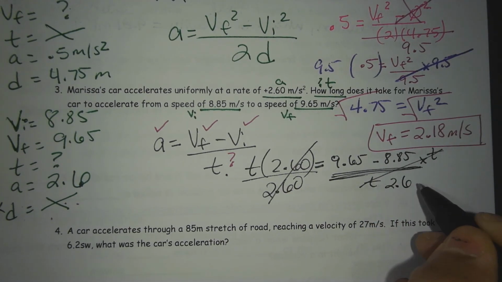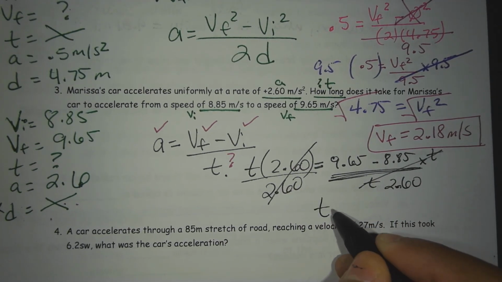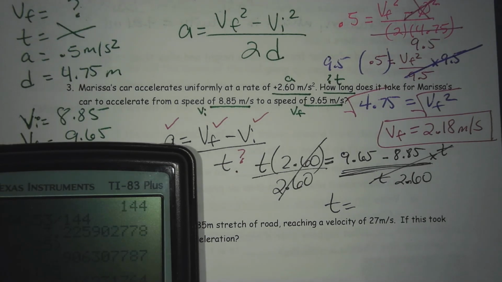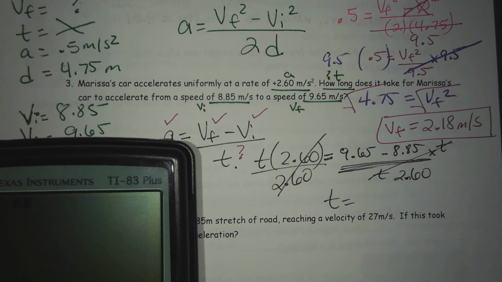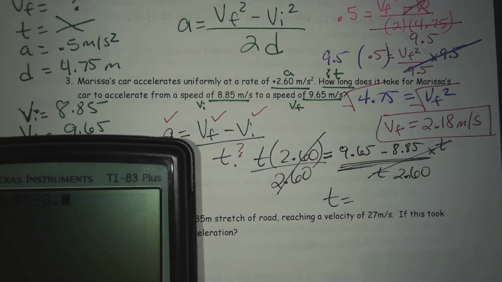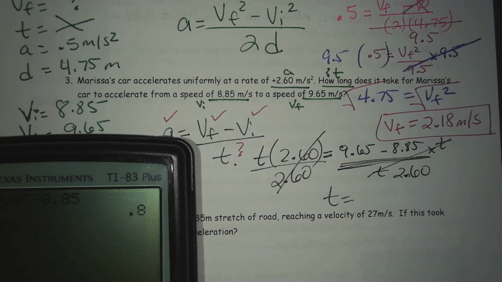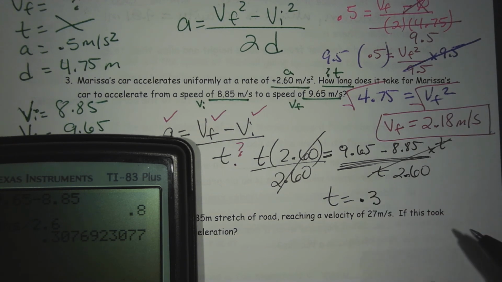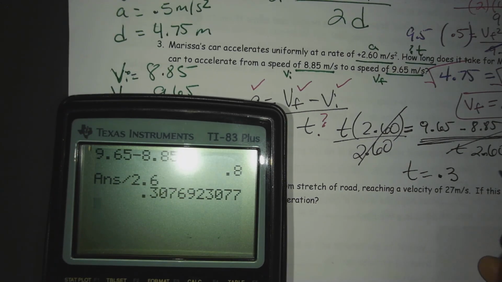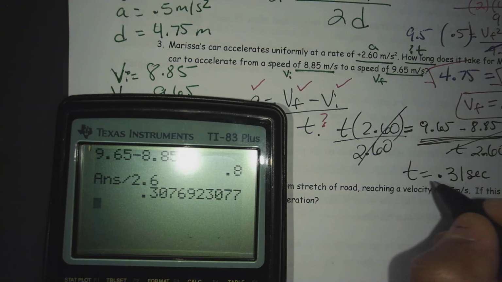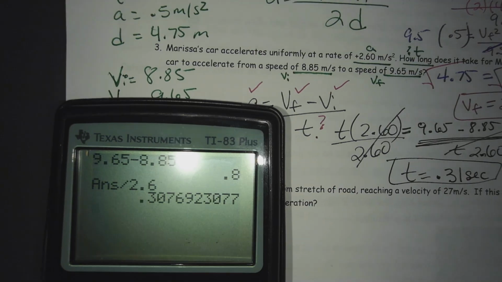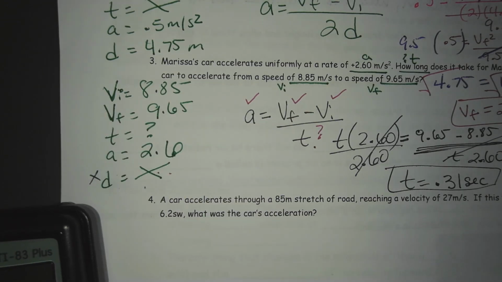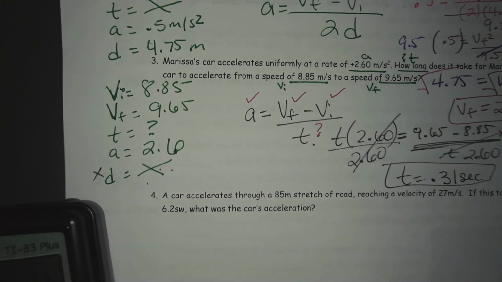T equals 9.65 take away 8.85, divided by 2.6, equals 0.3, and I'm going to round it to 0.31 seconds. Not too bad? Do it one more time.